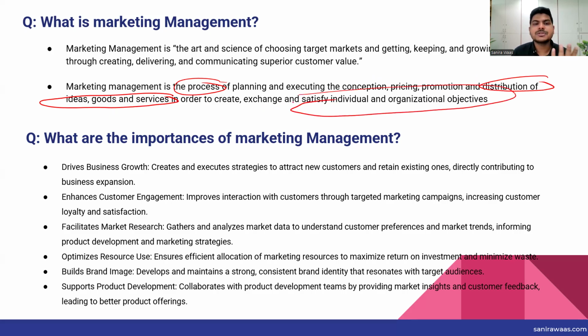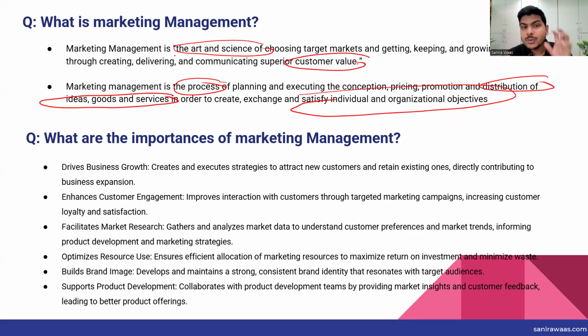So simple story: it's a process where it distributes ideas, goods, and services to satisfy individual and organizational objectives. And someone can say it provides customer value. It is an art and a science.